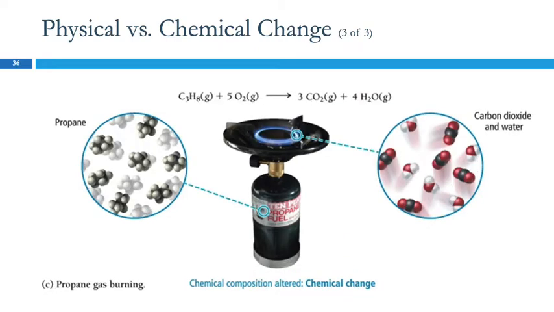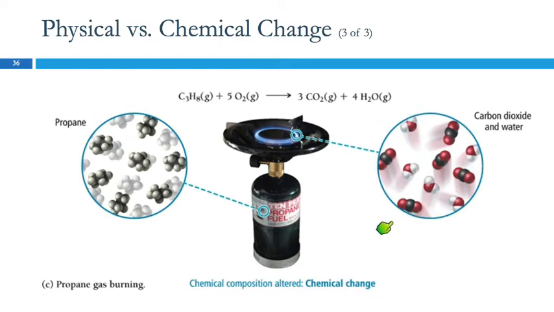Here's an illustration of a chemical change. Propane gas burning. Propane molecules look like this. And here's a little camp stove. It's the same stuff in your gas barbecue outside. When the propane combines with oxygen, it changes into carbon dioxide and water. So the original propane molecules are nowhere to be seen over here.